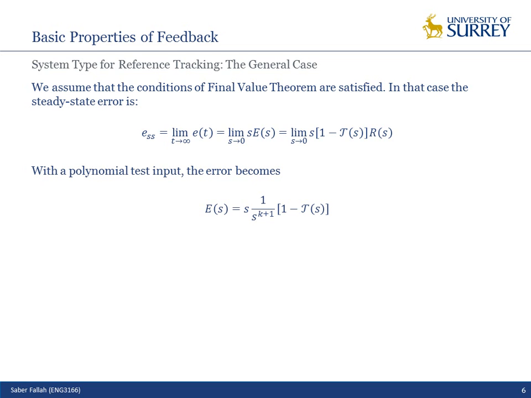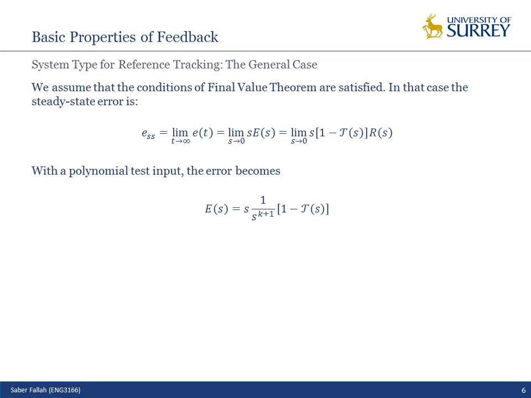Why s to the power k plus 1? We can represent the basic input of the system as 1 over s to the k plus 1. For example, what's the transfer function of the step input? 1 over s.